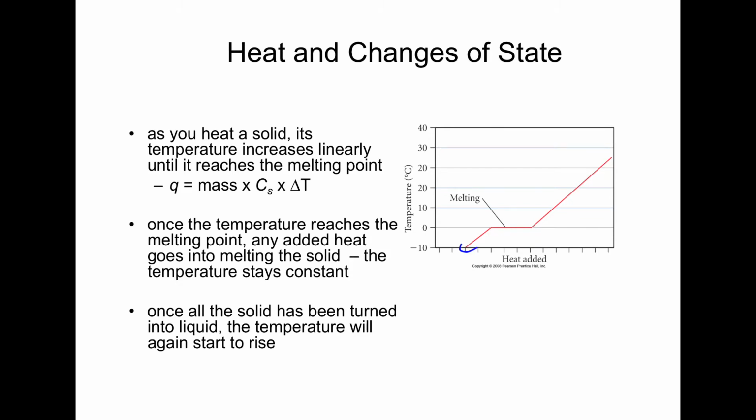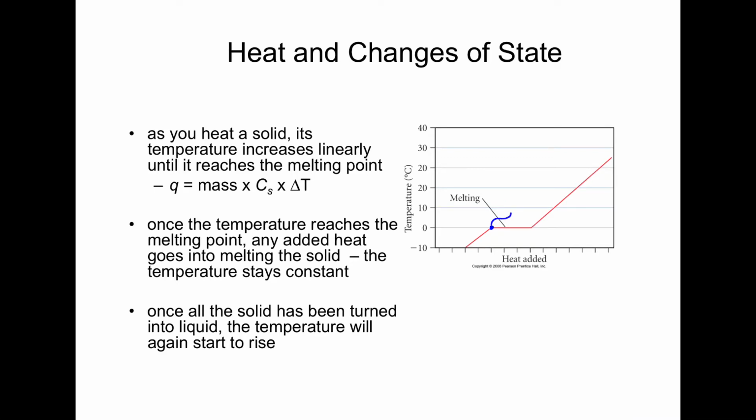During any of the diagonal portions, like this one, what we're seeing is that the temperature is going up as we add heat. So we're adding in energy and we're raising the temperature of the substance. But in this curve here, it flattens out at a certain point. And what's happening is we're adding heat, so we're making progress in this x-axis, but the temperature is not changing at all.